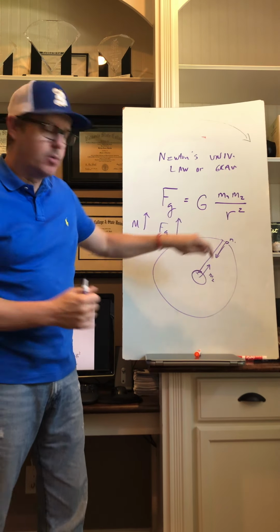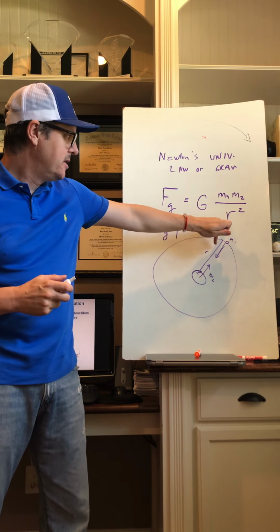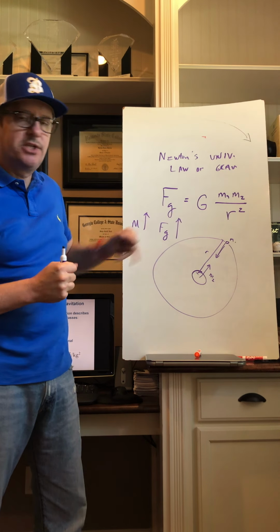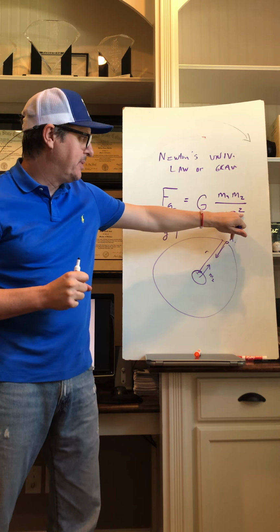However, the distance between the objects, the radius between the objects, if this number gets bigger, if the denominator gets bigger, then the force is going to go down. Not only bigger, but exponentially bigger.